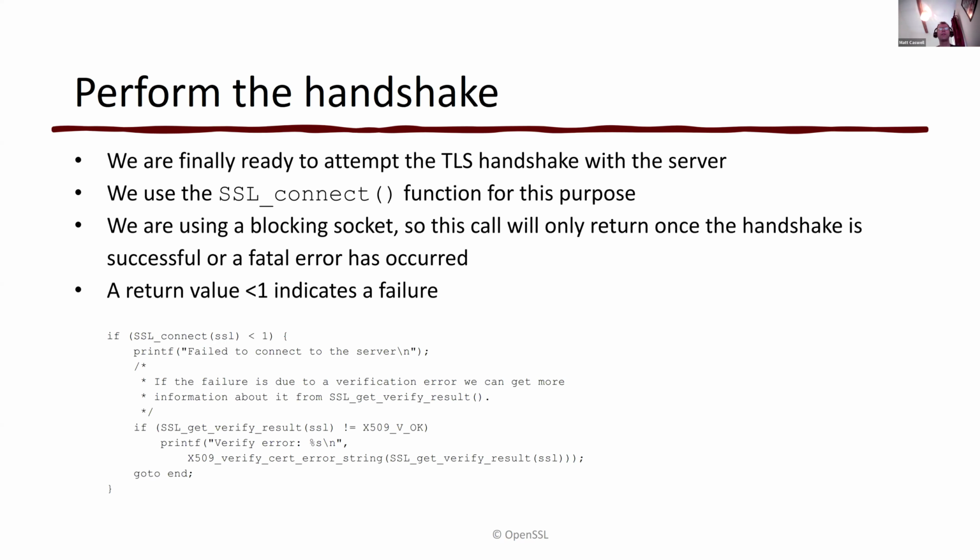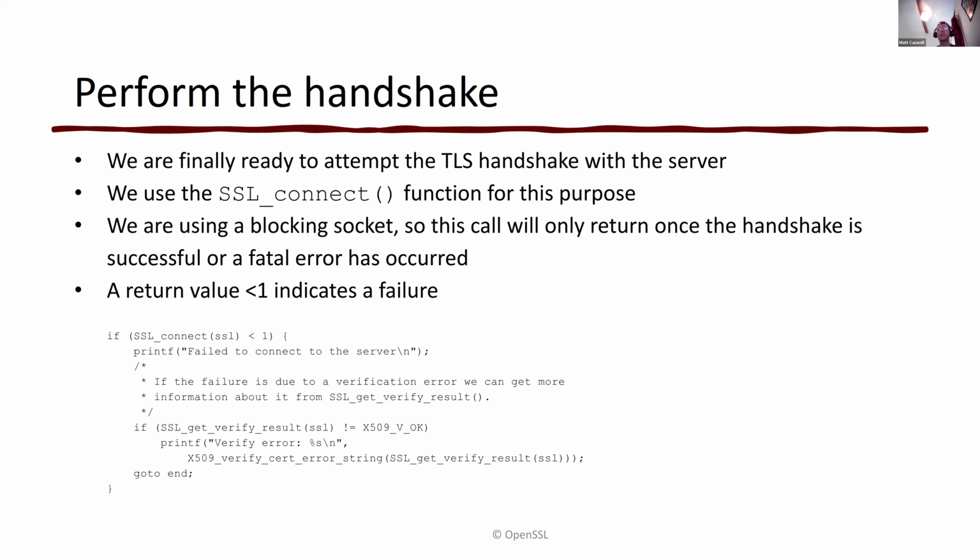So that means that once you call this function, it will only return once the handshake has finished, either successfully or with an error. Whilst the handshake is in progress, it basically will hang at this point until it's complete. It just takes the one argument, the SSL object that we created earlier.